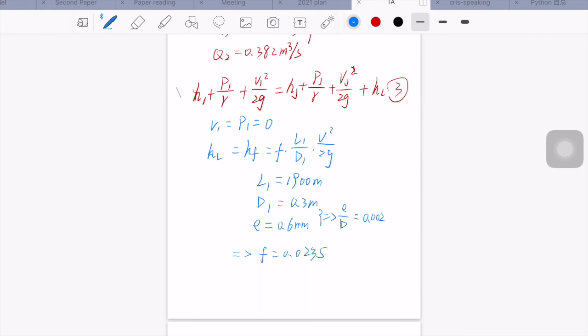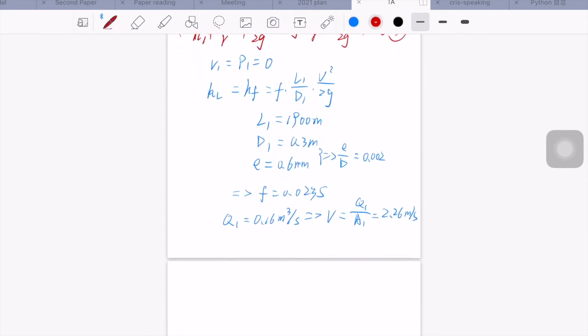And we know the Q1 equals 0.16 cubic meter per second. So we can find that the velocity in the pipe 1 is Q1 divided by A1. The value is 2.26 meter per second.